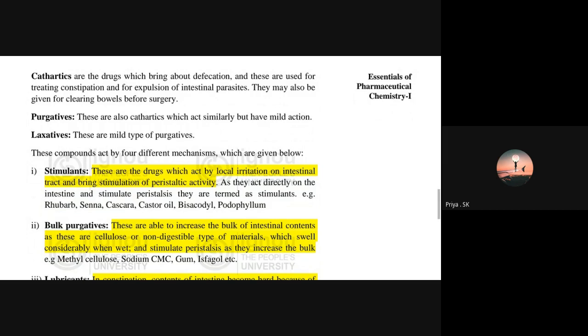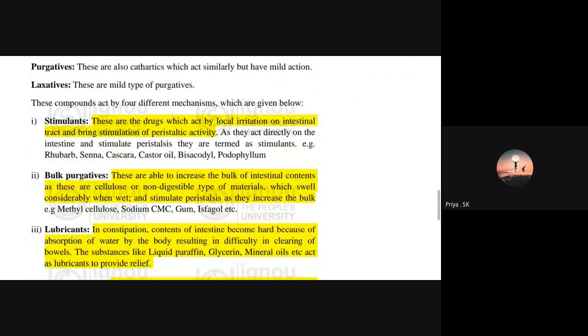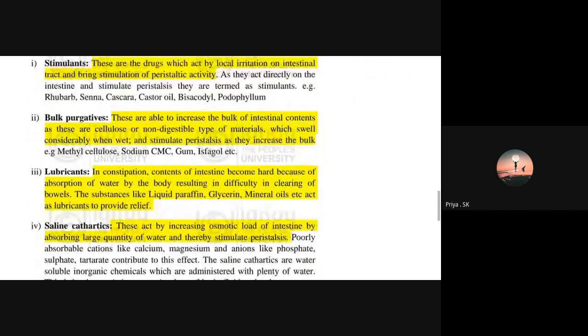First one is stimulants. These are drugs which act by local irritation on the intestinal tract and bring stimulation of peristaltic activity. Then bulk purgatives. These are able to increase the bulk of intestinal contents, as these are cellulose or non-digestible types of materials which swell considerably when wet and stimulate peristalsis as they increase the bulk. Third one is lubricants.